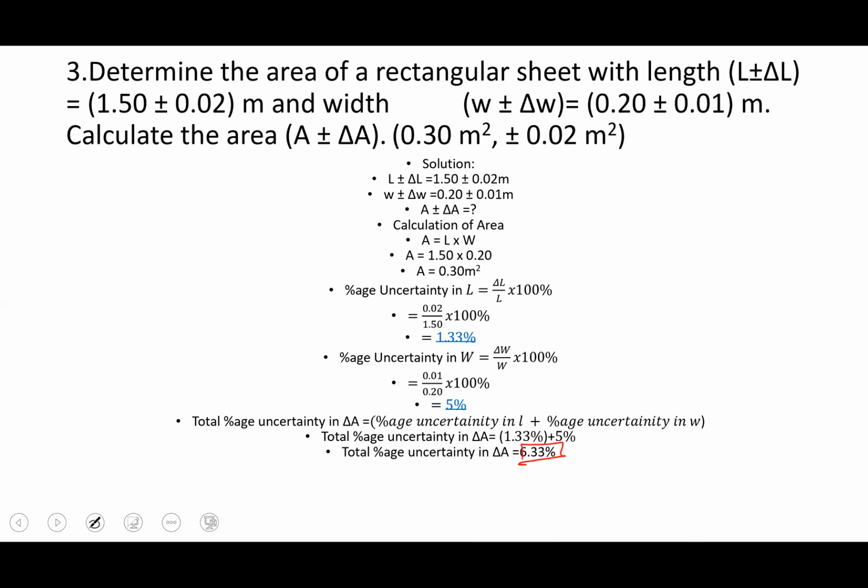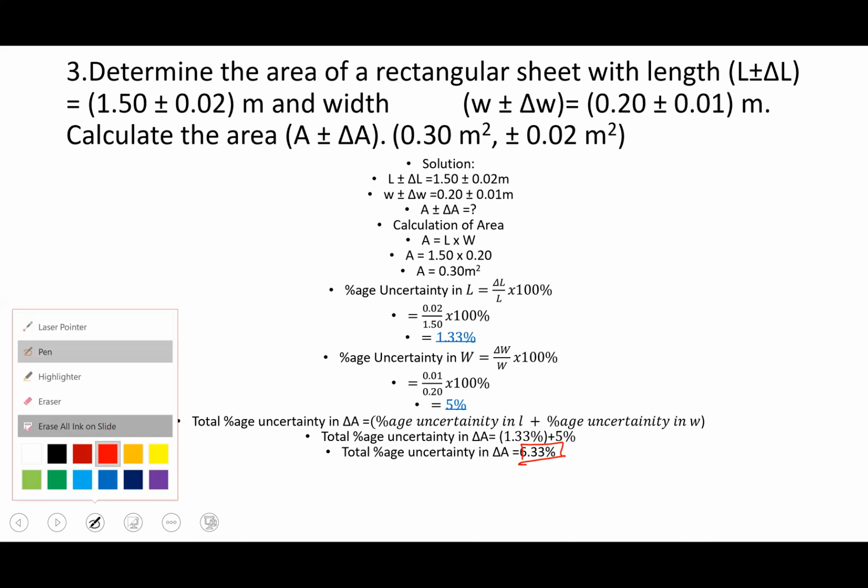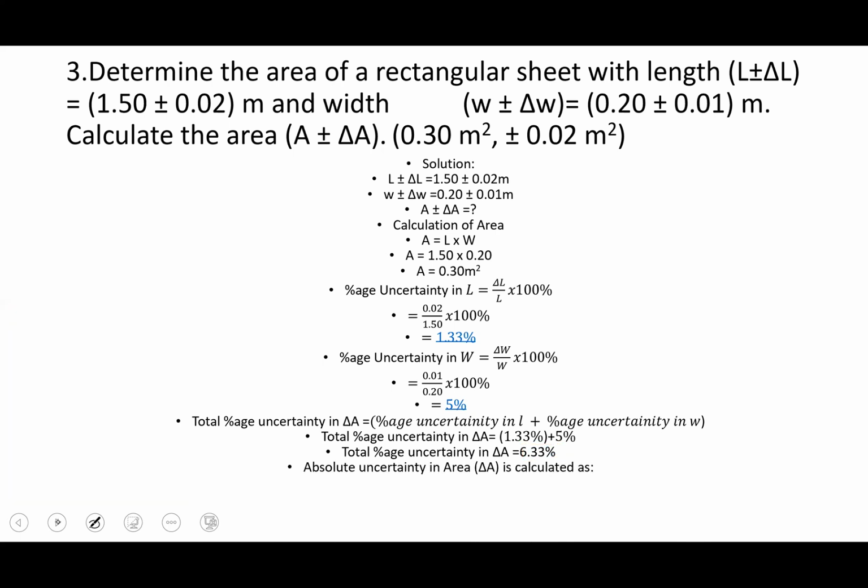But this is percentage. We have to calculate the values in the quantity. So what do we do for that? The absolute uncertainty in area is calculated as we convert that percentage into quantity by 6.33 divided by 100 multiplied by 0.3. That means we have to find the percentage uncertainty out of 100 and then multiply by the certainty of that case, which is 0.3 meters.